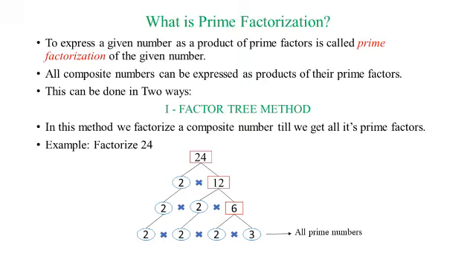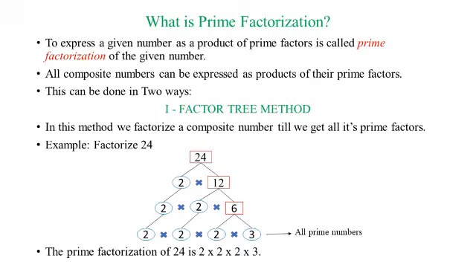Now I have no more composite number left. So prime factorization of 24 is the product of all these prime factors. Therefore, prime factorization of 24 is 2 into 2 into 2 into 3.